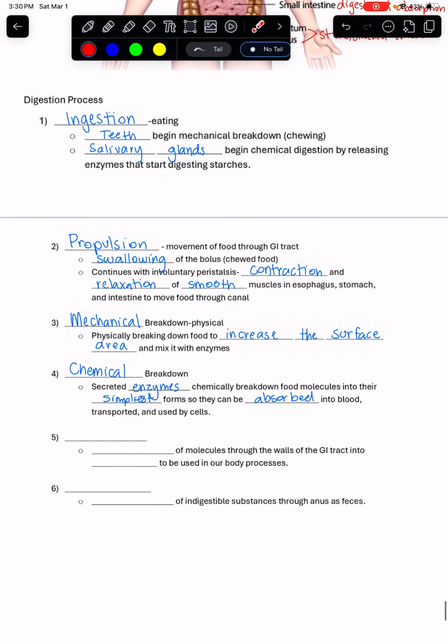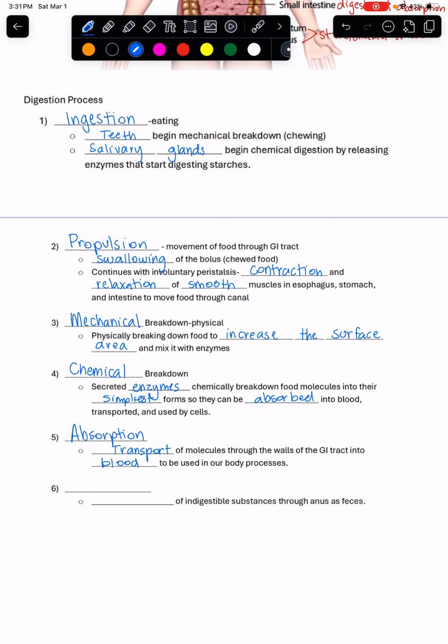All right, step 5 is our absorption step. We have to absorb our food so that it can provide nutrition for us. It's the transport of molecules through the walls of the GI tract into the blood to be used in our body processes.